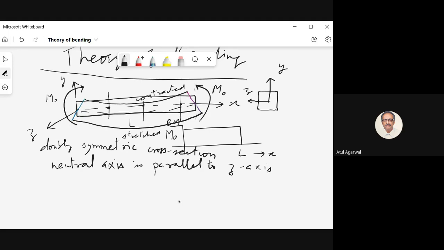And we show this as the deflection of the centroidal surface. Initially your centroidal surface was straight, flat. After bending, it takes a curved shape. So this is known as the deflection of the beam. So the beam has deflected downwards.